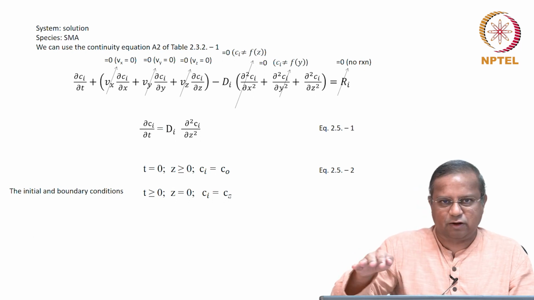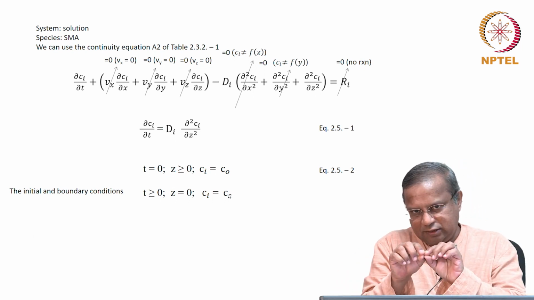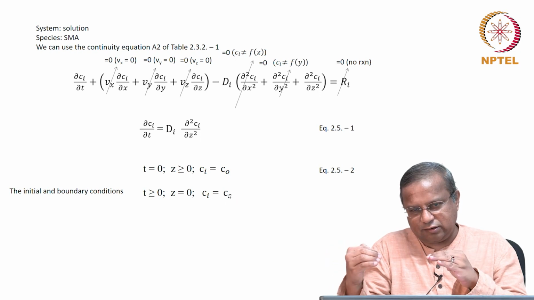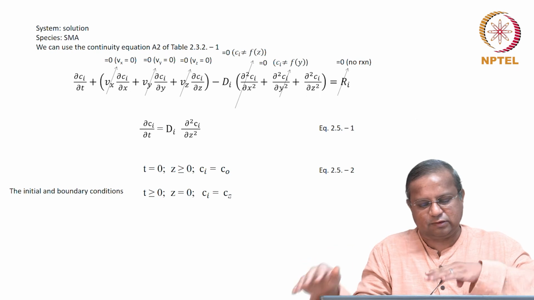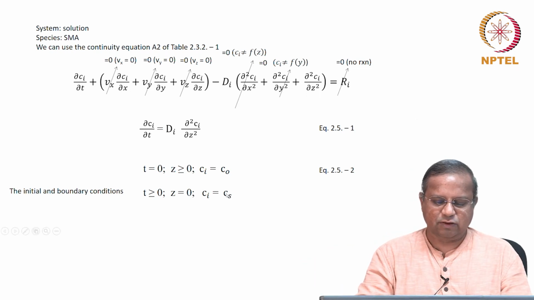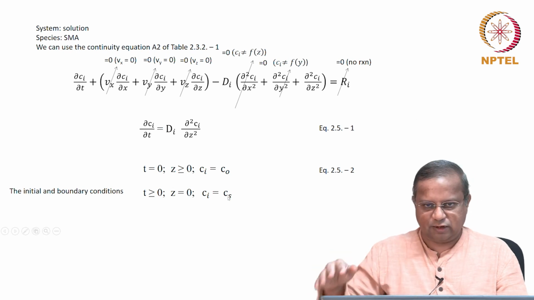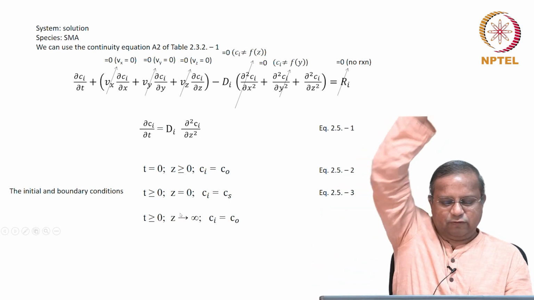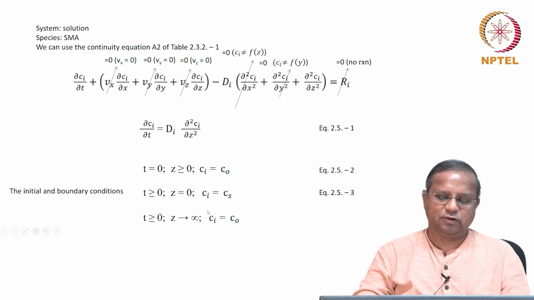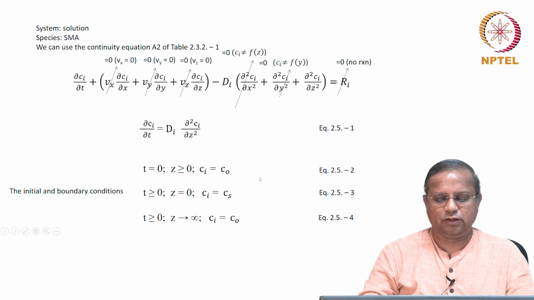Although the surface is not a part of the system, the layer of liquid immediately above the surface is what z equals 0 is. So, there Ci equals Cs, which is the surface concentration at that liquid layer, 2.5-3, and for t greater than 0 at z equals infinity, far off, Ci equals the same C0, 2.5-4. So, this is what we have here.